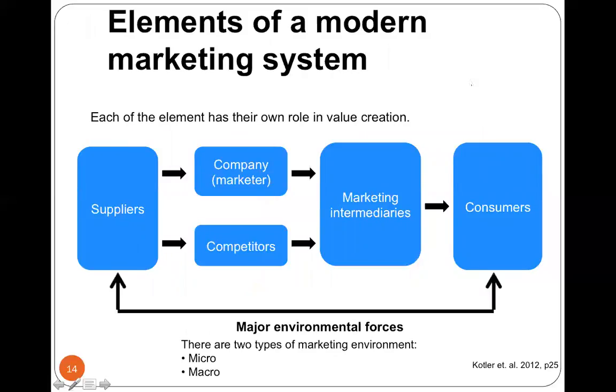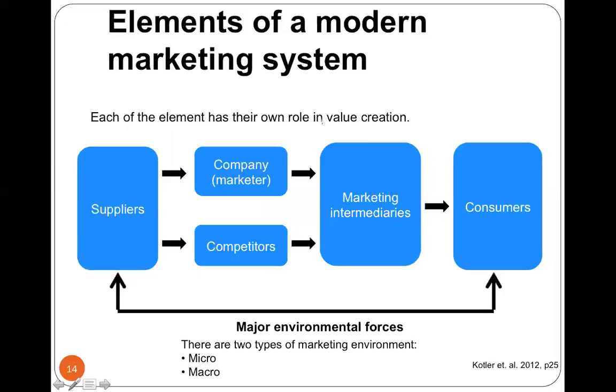Now that leads us to the next thing. When we say that we want to create, communicate, and deliver value for customers, actually the previous model may be oversimplified, because in real life, as a firm or company, when we try to convince the final consumers or final buyers that we can create value for them, we actually need to get engaged with the other parties, such as marketing intermediaries, competitors, and suppliers, right?